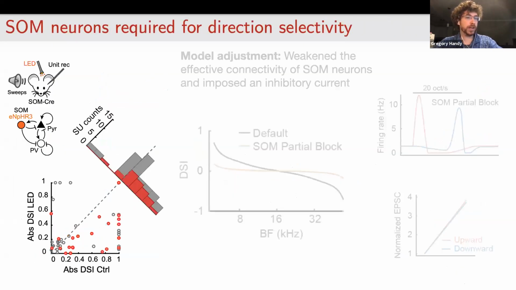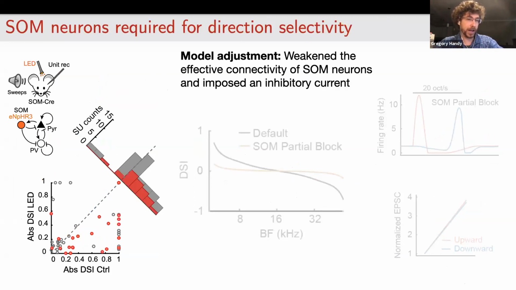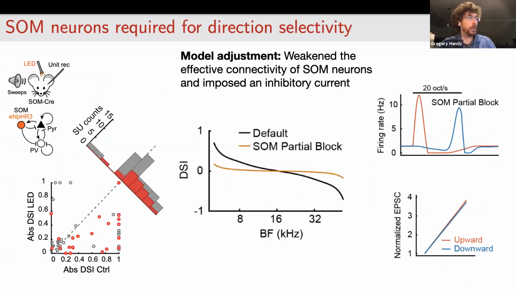Similar to the experiments, we can now go in and block SOM cells in the model. We do this by adding an inhibitory current into the model, as well as weakening their overall effective conductivity. When we do that, we effectively eliminate DSI, very similar to what was seen experimentally.